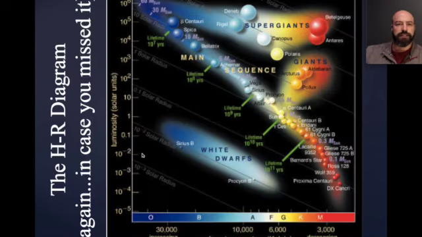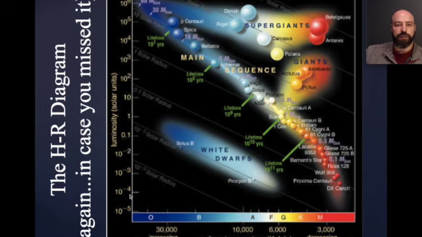Here's another HR diagram for you, just a different version. So we have our luminosity and our surface temperature. We have our spectral class, which we haven't talked about yet. As I said, luminosity is logarithmic. So 1 is right here at our sun. That's 1 solar unit. As we go up, this would be 10, 100, 1,000, 10,000, and so on, up to a million.